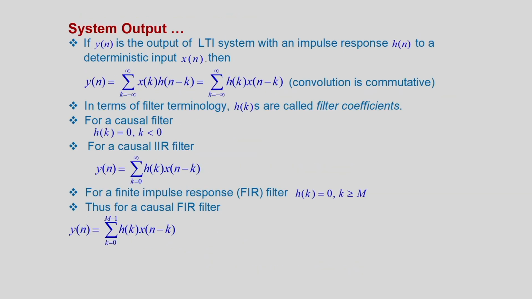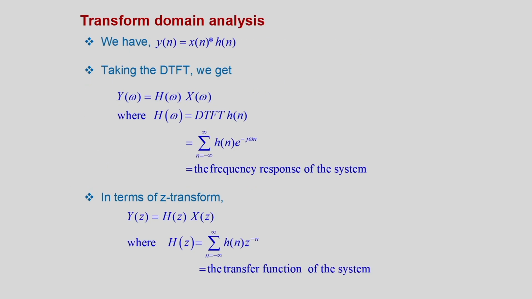So, that way we have seen how to represent the output of a linear time invariant system in terms of the input and the impulse response of the system. Now, let us see how we can represent the same result in the frequency domain. We have y[n] is equal to x[n] star h[n], where h[n] is the impulse response, which may be of finite duration or infinite duration. Because it is a discrete time signal, we take the discrete time Fourier transform.